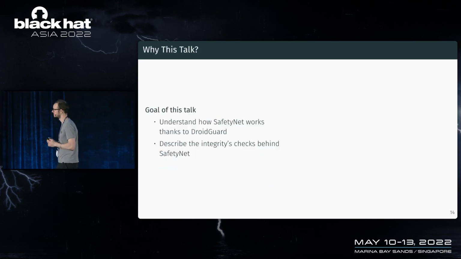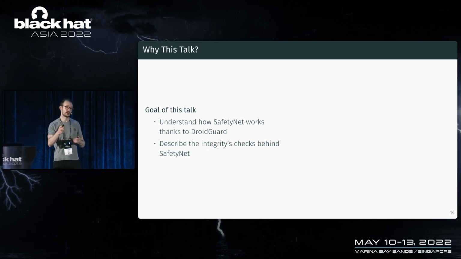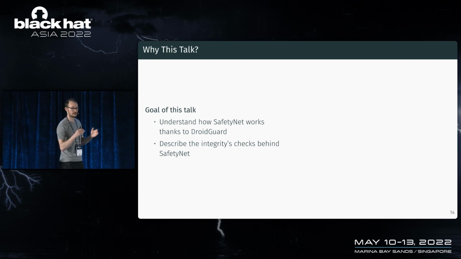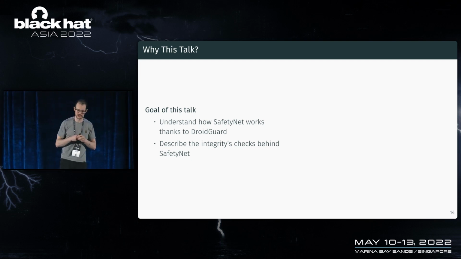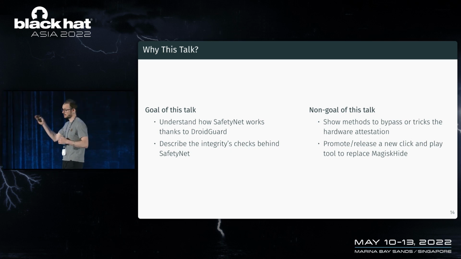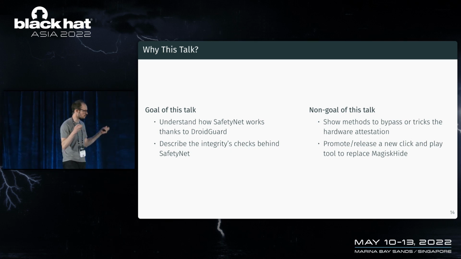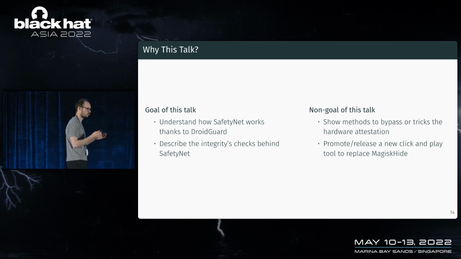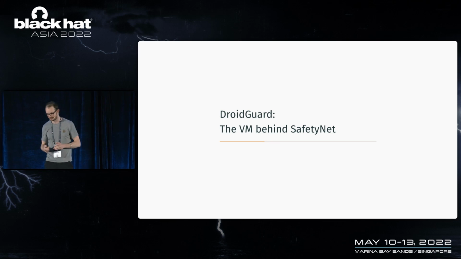So the goal of this talk is mostly to present DroidGuard, which is a heavy module that contains different layers of obfuscation. And in particular, the non-goal of this talk is to present a new technique to bypass SafetyNet, because it's not the purpose, it's just to provide a description of how it works.